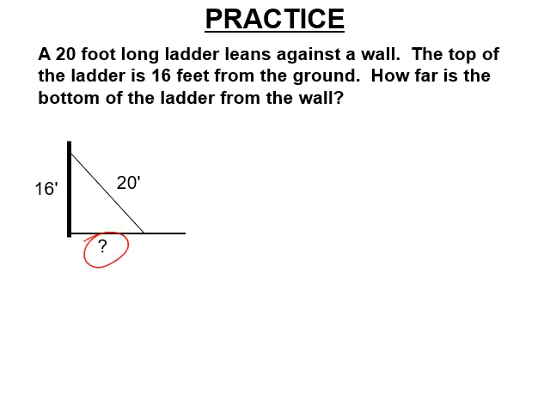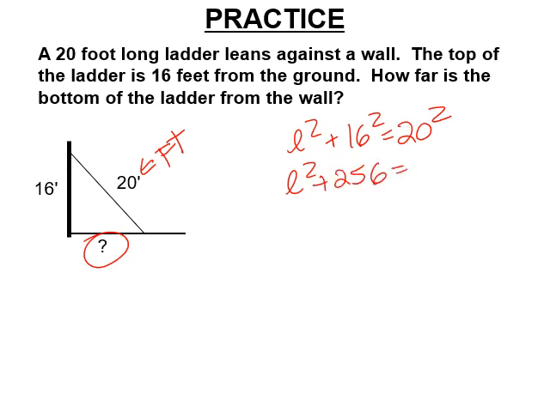So are we finding a leg or a hypotenuse there? By the way, that little mark means feet. 2 of them mean inches. So what's missing here is a leg. Feel like we did 16 times 16 earlier today. I think it was 256. 20 times 20 is 400. Right?